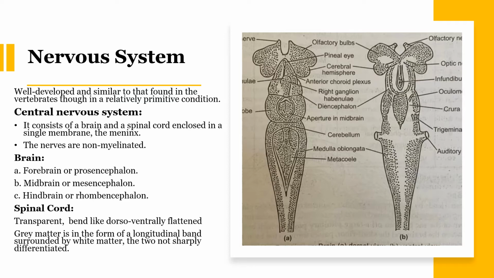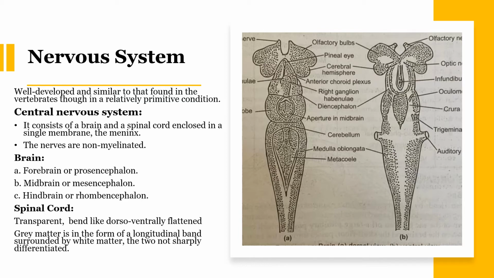Behind the forebrain, the midbrain is present. The midbrain consists of optic lobes, which are not clearly differentiated in Petromyzon, and the central region of the roof of the midbrain is formed merely of a layer of epithelium. When the membranes of the brain are removed, an aperture is left which is covered by the choroid plexus.